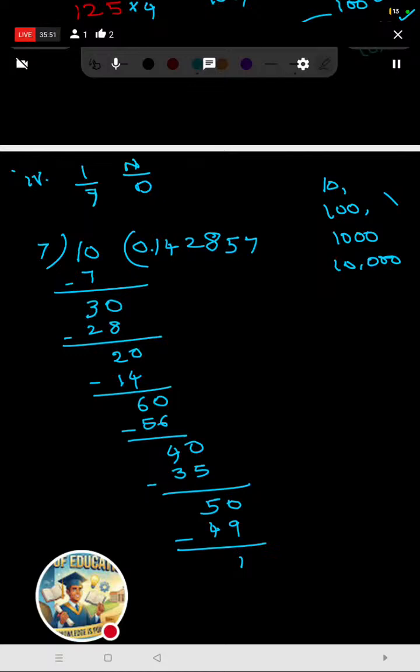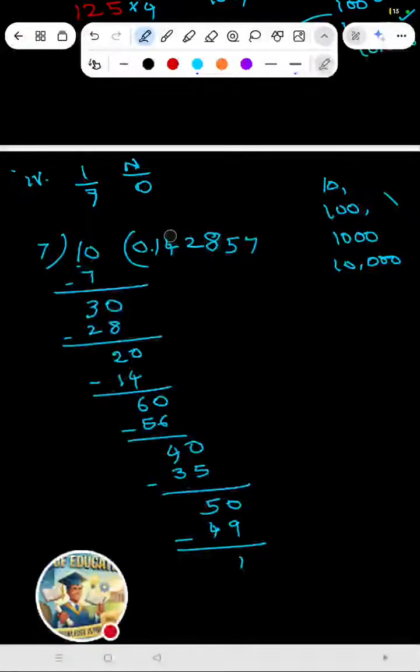Try to comment, okay? Share with your friends. Again, look here, 1 only is there, the same number is repeating. So from here, after this, all are repeating. If you do the division also, you will get the same digits.